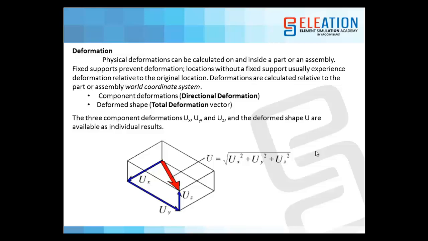There are component deformations, directional deformation, and deformed shape, that is the total deformation vector. There are three component deformations, that is x directional, y directional and z directional, and the deformed shape are available as individual results. So you can see the deformations in x, y, z directions as well as the global coordinate system deformation, that is the average of these three types of deformations.